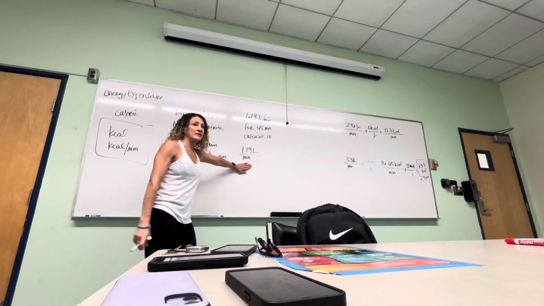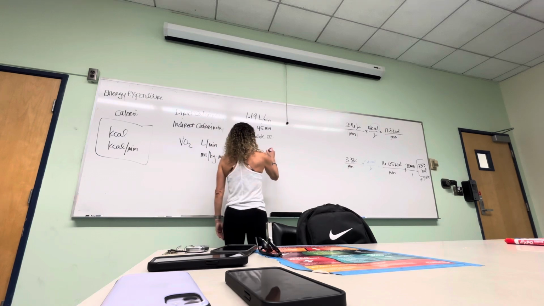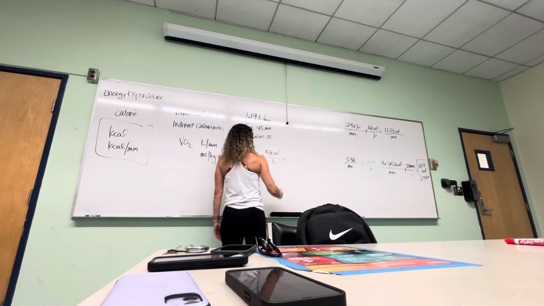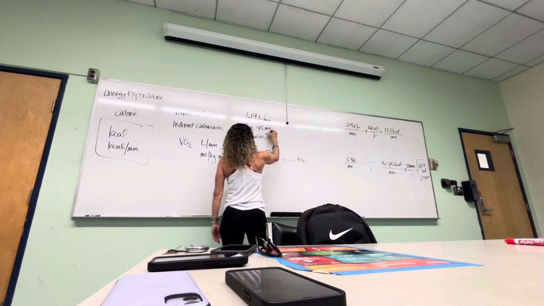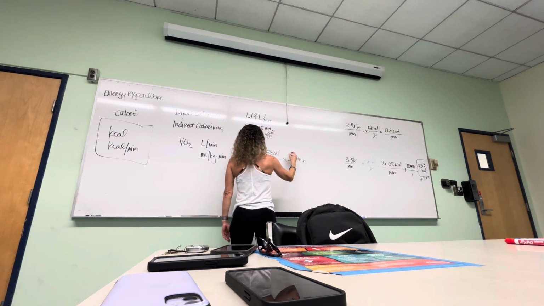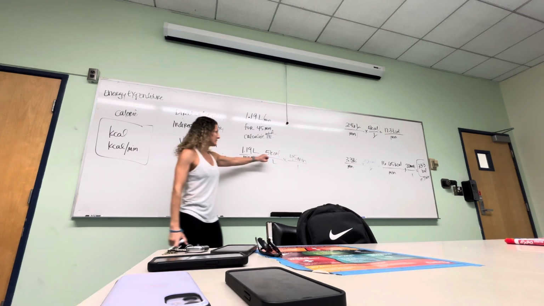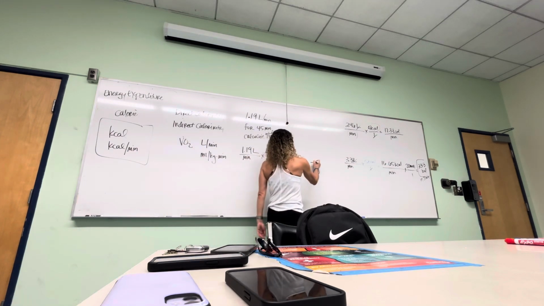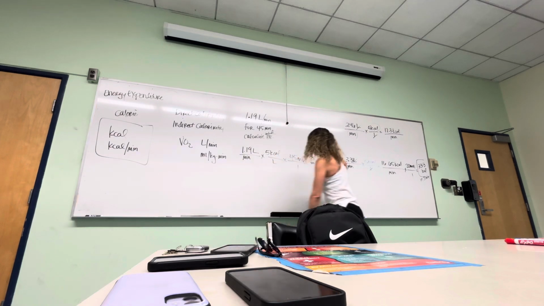How do we convert that into energy expenditure? 5 calories per liter, but now we can also include the minutes. I'm going to say total energy expenditure. 45 minutes. So now you can type into your calculator 1.19 times 5 times 45. 267.75.